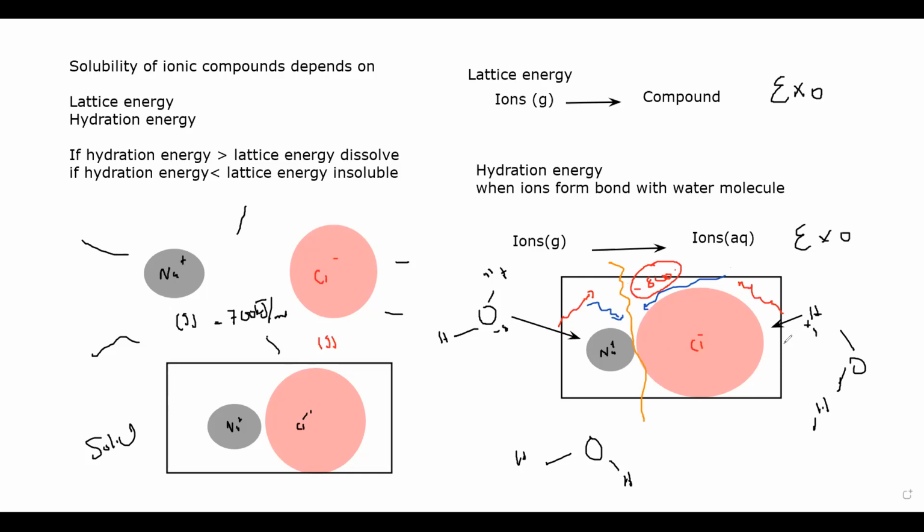Is it clear? So if the hydration energy is more, the energy which is released when the water molecule tries to form a bond with ions is absorbed by the ions, and ions are separated from each other because this energy is more than the lattice energy, so the substance will dissolve.